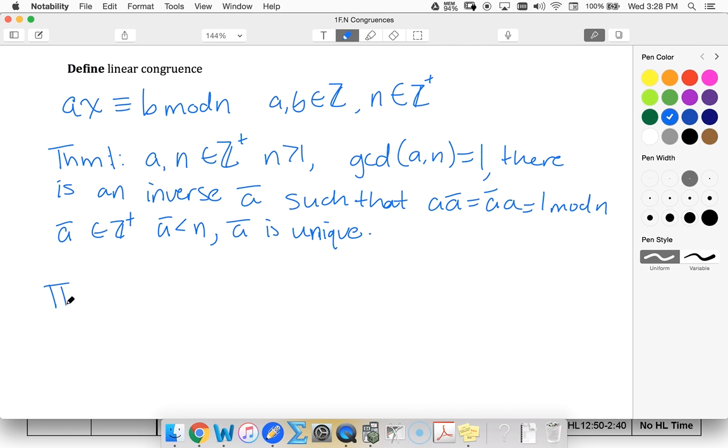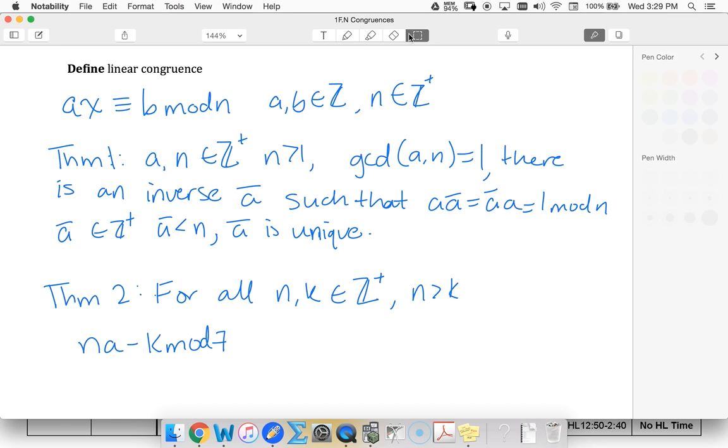The other theorem that we need to help solve linear congruences, Theorem Two, states that for all n and k that are positive integers with n greater than k, then n a minus k mod n is equivalent to negative k mod n.